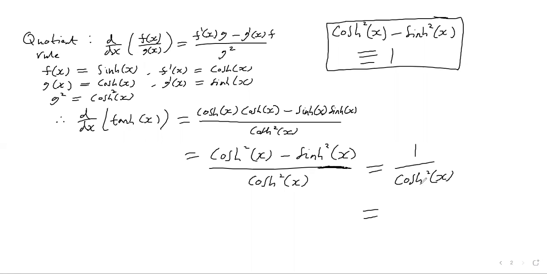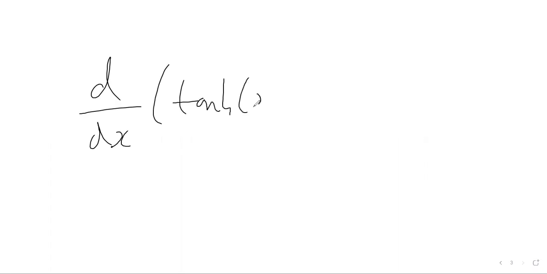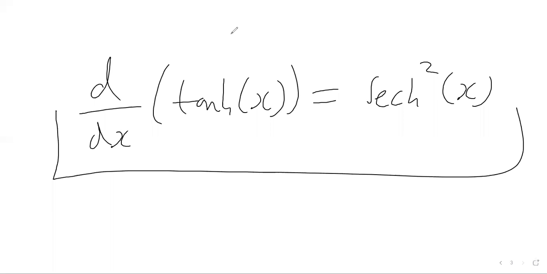So 1 over cosh squared is going to be the hyperbolic sec squared of x. So yes, in conclusion, what we've got is the derivative of hyperbolic tan is equal to hyperbolic sec squared of x. And that's the final result.